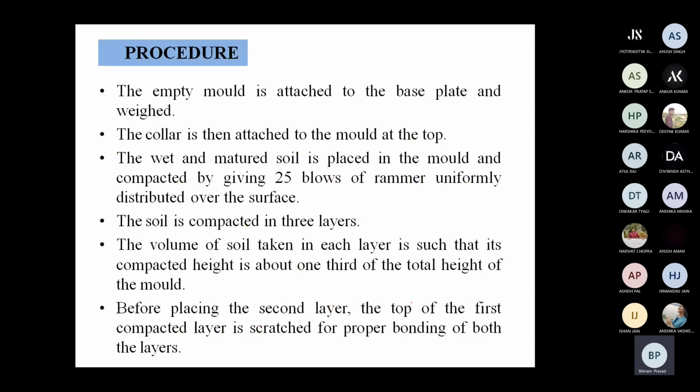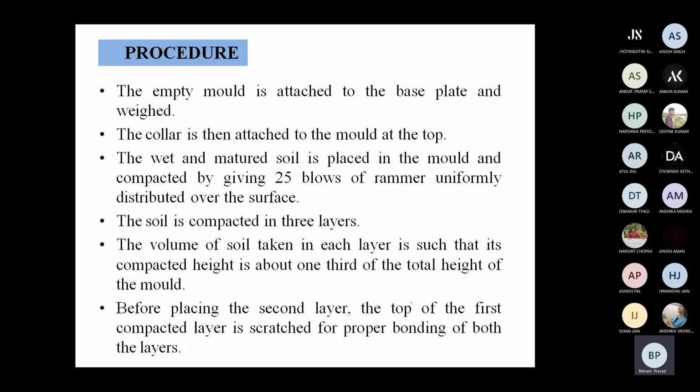If it is the light compaction, we will be providing it in 3 layers, and each layer will receive 25 blows of the rammer, uniformly distributed. The volume of the soil taken in each layer is such that its compacted height is about one third of the total height of the mold.